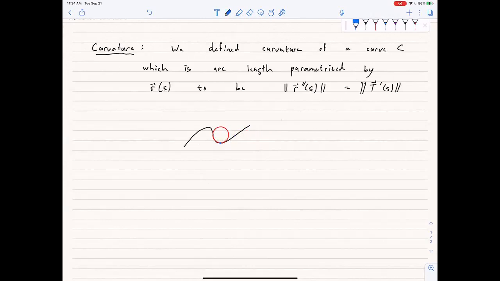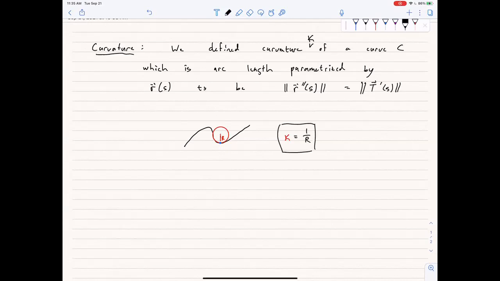Take the best fitting circle that you can put on that curve. Then you can ask about the radius of that circle, and the curvature at that point, which is denoted kappa, is equal to 1 over the radius of that circle.